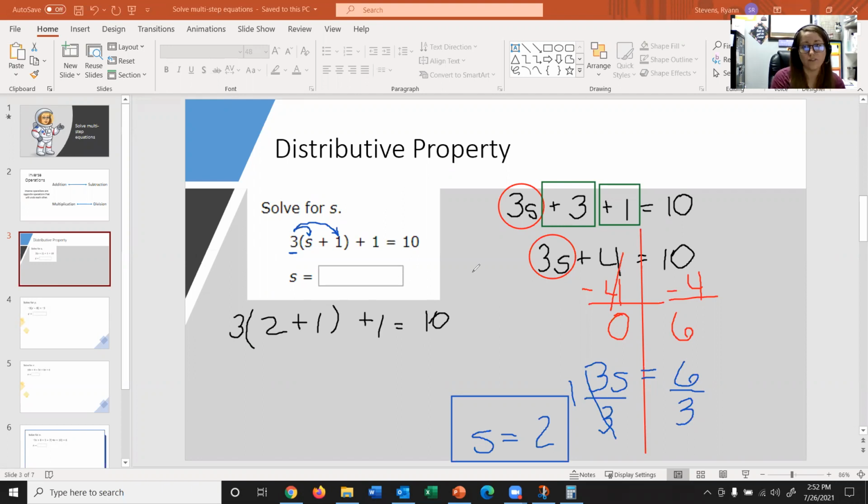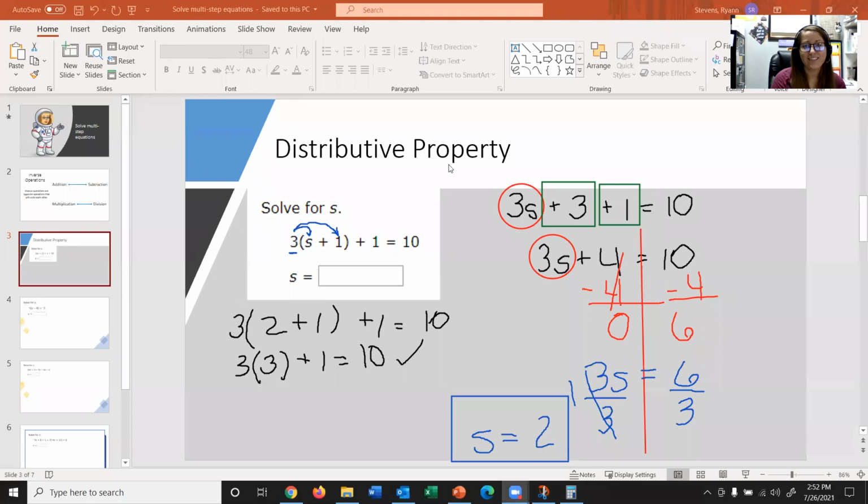When we're not solving for a variable, we're going to go back to PEMDAS. So we're going to do parentheses first. 2 plus 1 is 3. So we've got 3 times 3 plus 1 is equal to 10. 3 times 3 is 9, plus 1 more is 10. So this would check. This is going to tell us that s is equal to 2.